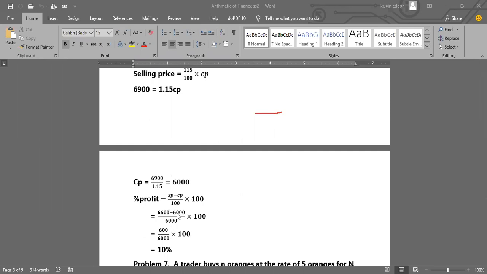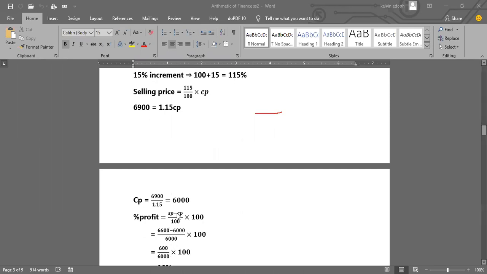Because remember, the cost price of that material is always fixed. The only thing the seller does is vary the price by putting some certain percentage in order to make gain or profit, isn't it?